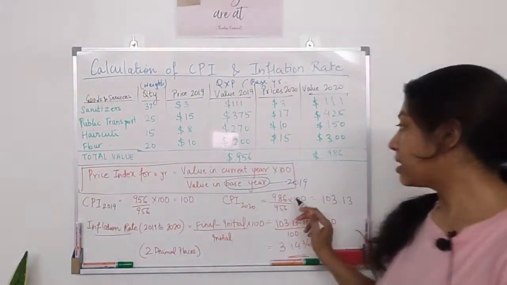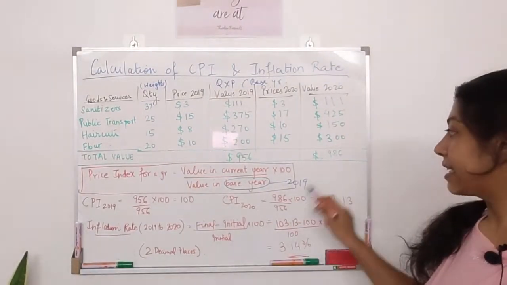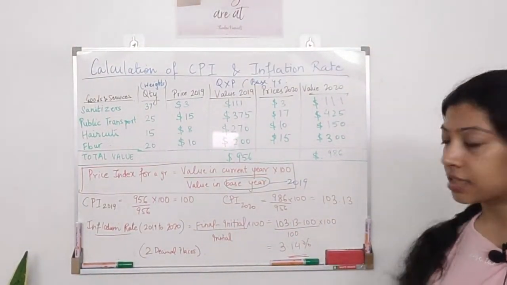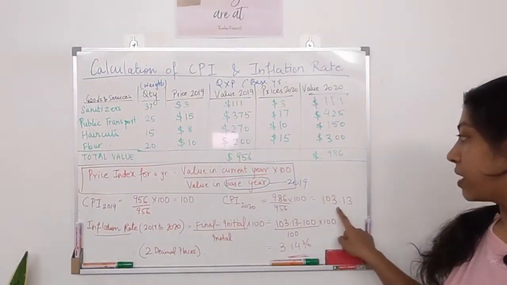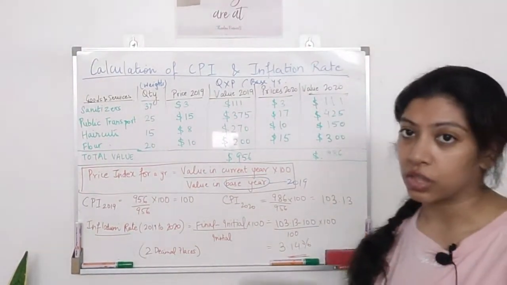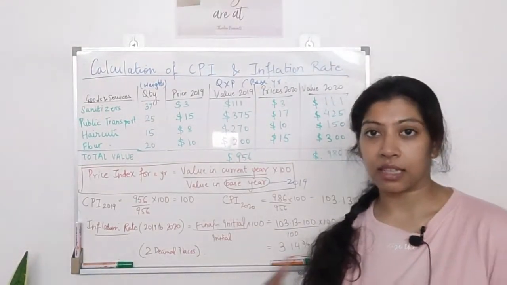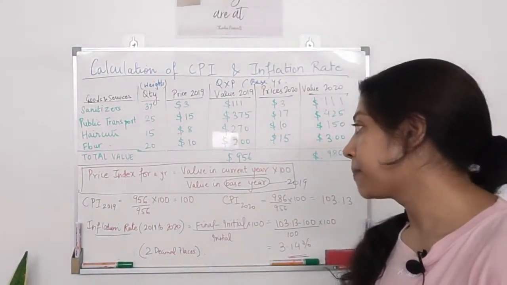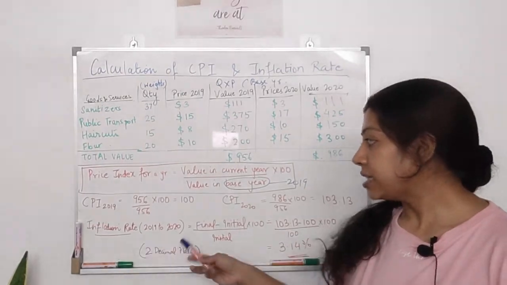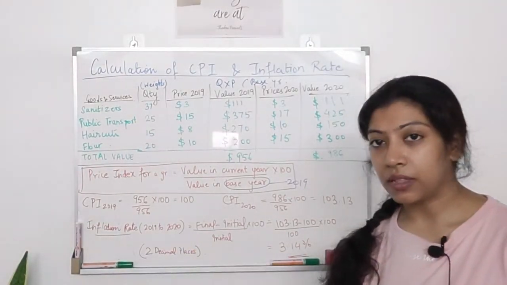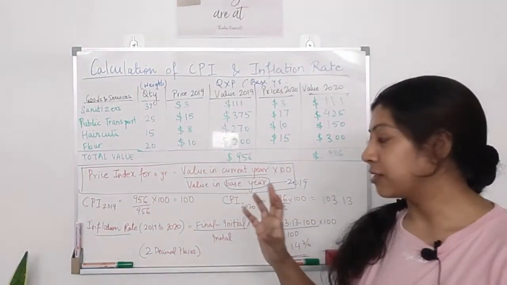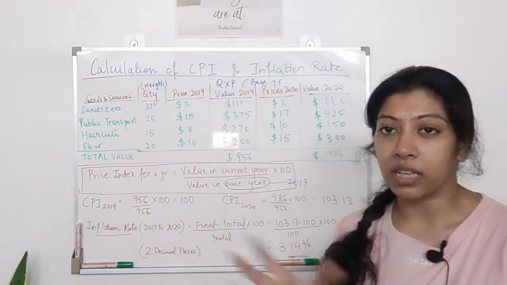The CPI of 2020, we can calculate 986 divided by 956 into 100. So that comes out to be 103.13. Remember to always take the answer to 2 decimal places. So the inflation rate can be calculated by the simple formula of finding the rate of change between any 2 years.